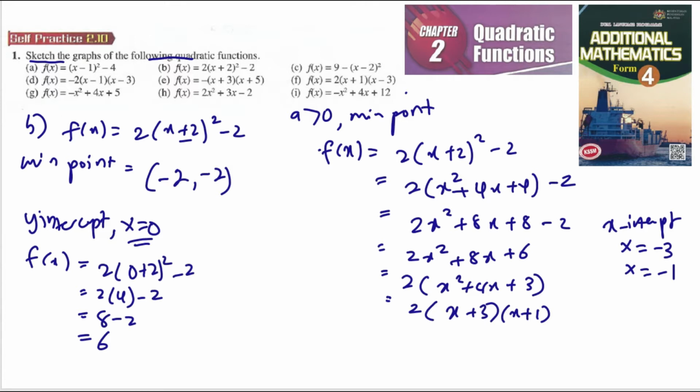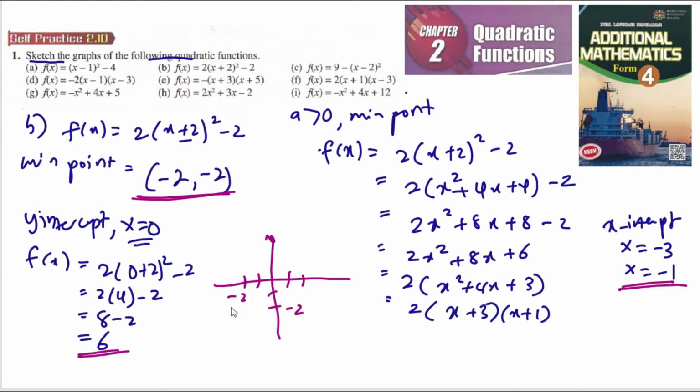So we see here, the y-intercept is 6, the minimum point is negative 2, negative 2, and the x-intercept is here. So we know the minimum point, so we draw the graph. So okay, negative 2, negative 2. So maybe here is negative 2.